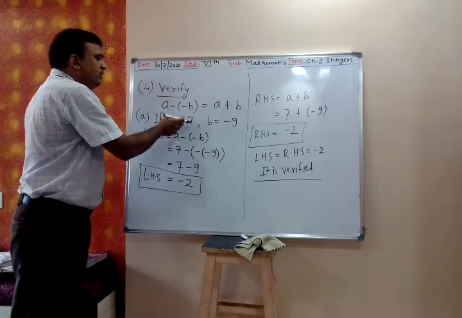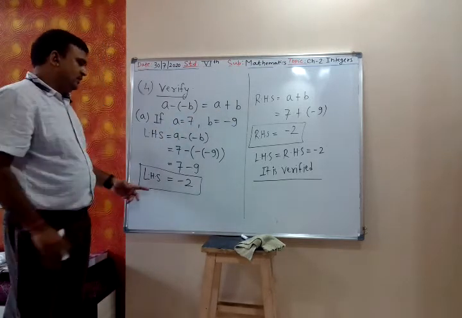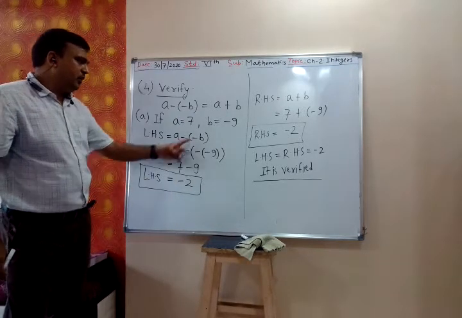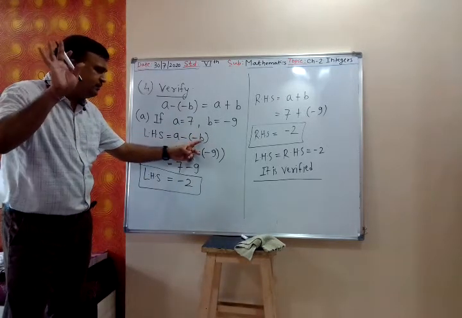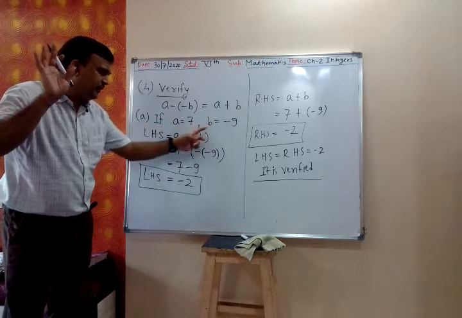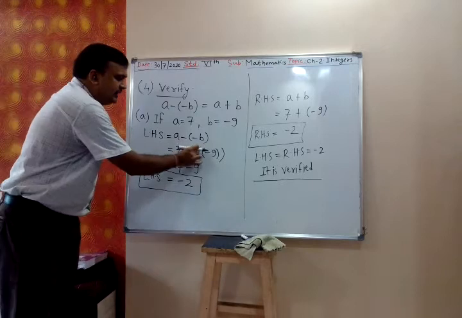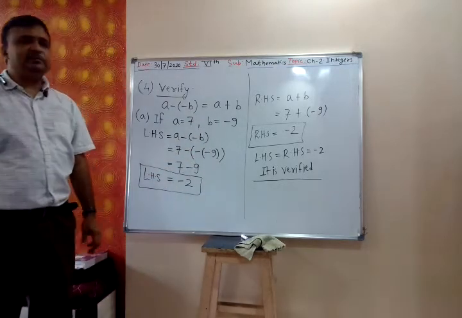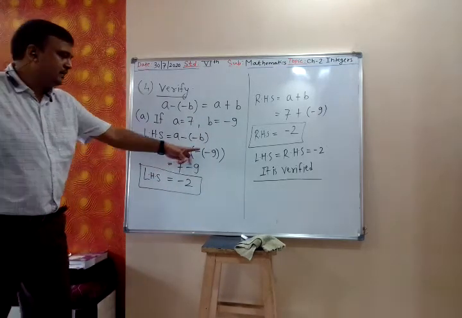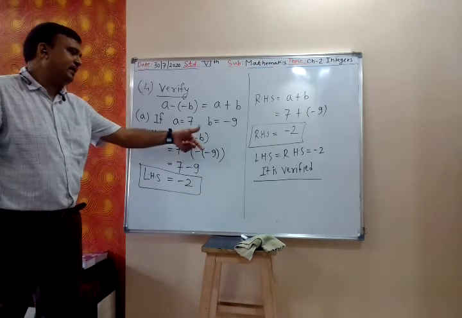You have to put the values of a and b. Because b is minus 9, this minus sign is there, so I have taken this b as minus 9 in the bracket.